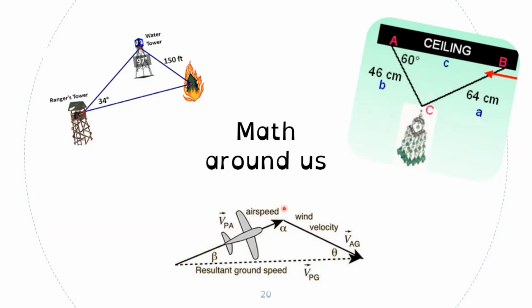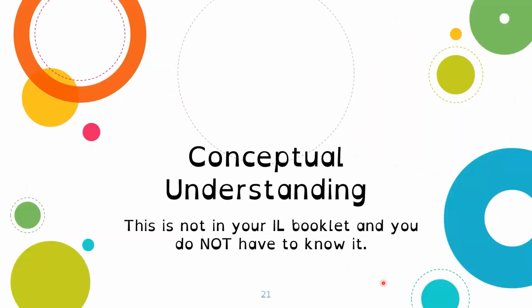And then also in terms of airplanes flying and velocity and wind, part of how airplanes end up where they are wanting to go and are staying on course is taking into account wind speed and force. The Sine Law is in the computers that are doing this. Pilots aren't necessarily doing this math on the fly, but the engineering and computer programming systems that are in place to make sure that planes go in the right place would use this kind of math. Those are just a few examples.